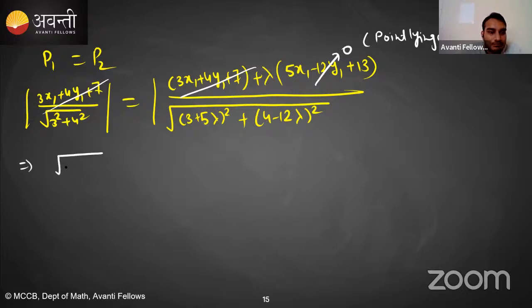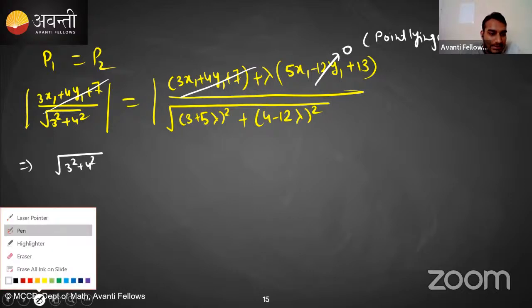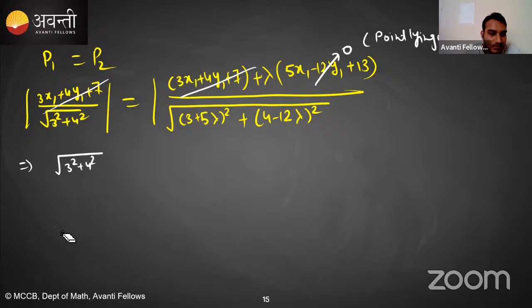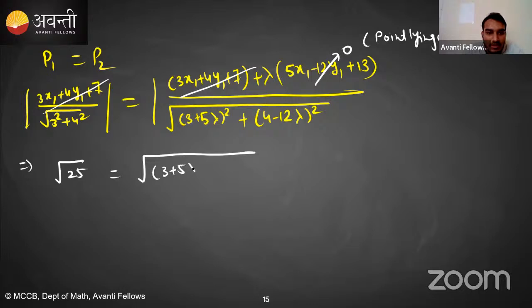Under root of 3 square plus 4 square. इसको थोड़ा और अच्छे से लिख लेते हैं फिर. Okay? Is this clear so far? So what are you left with? Under root of 25 is equal to under root of (3 plus 5 lambda) का square plus (4 minus 12 lambda) का whole square.